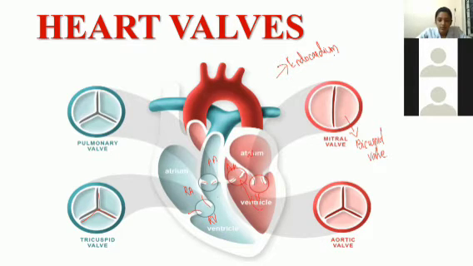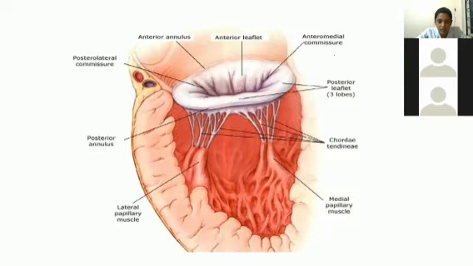Next we are moving on to the detailed anatomy of the valves. You should have a basic idea of how these valves are located, so that it will help you understand the treatment modalities more easily. This is the picture of the mitral valve.